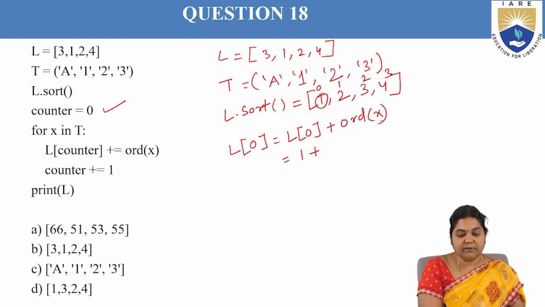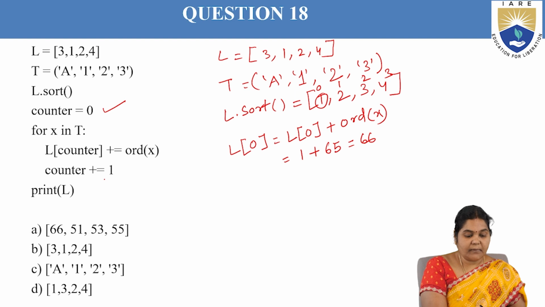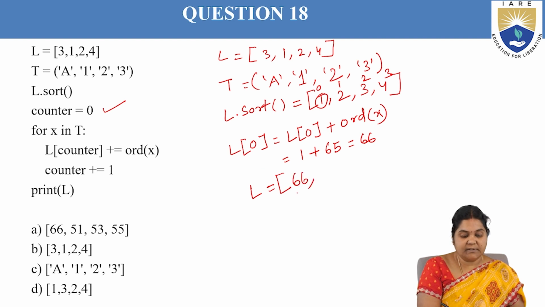X contains A, and A is nothing but 65. So 65 plus 1 is 66. Now counter is equal to counter plus 1, so counter becomes 1. Now the list contains 66 at the 0th index.